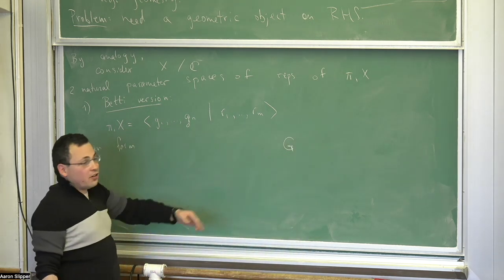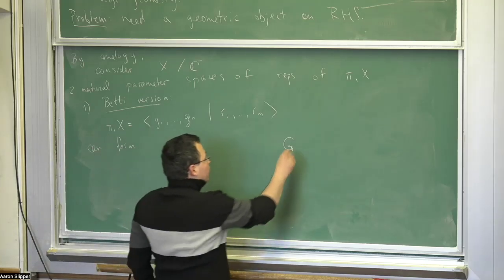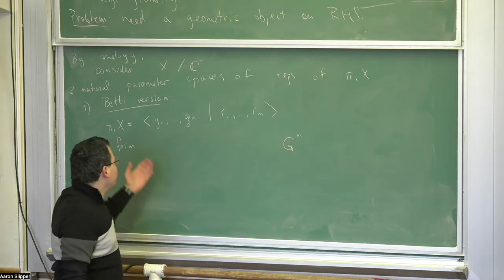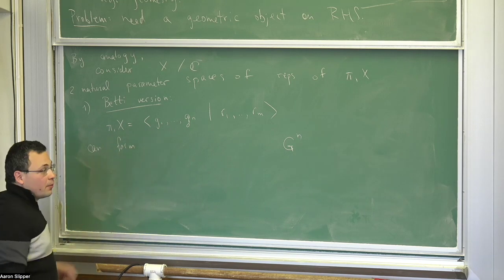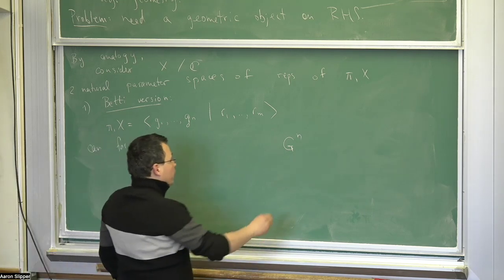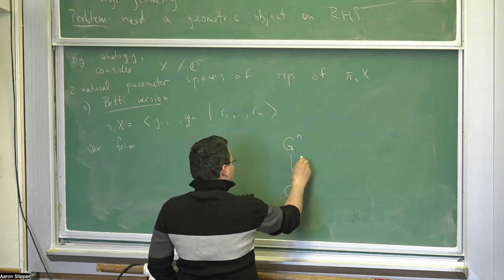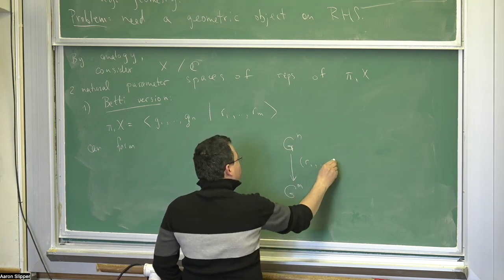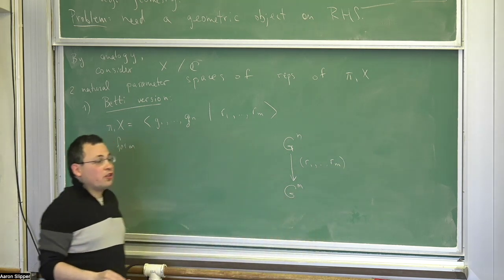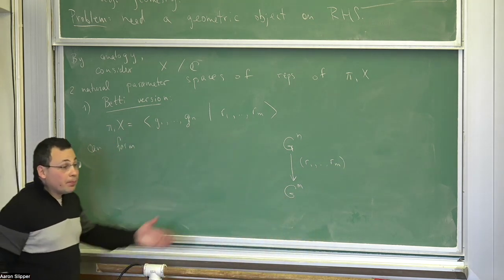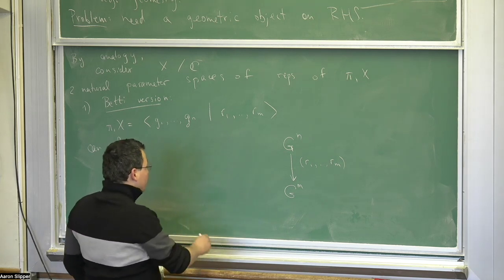For every generator, you need to name an element of G. So you can look at the nth power of G. That's a nice affine algebraic variety. There's a map from this to G to the M, given by the relations, because the group structure is a regular map. There's a map of algebraic varieties.